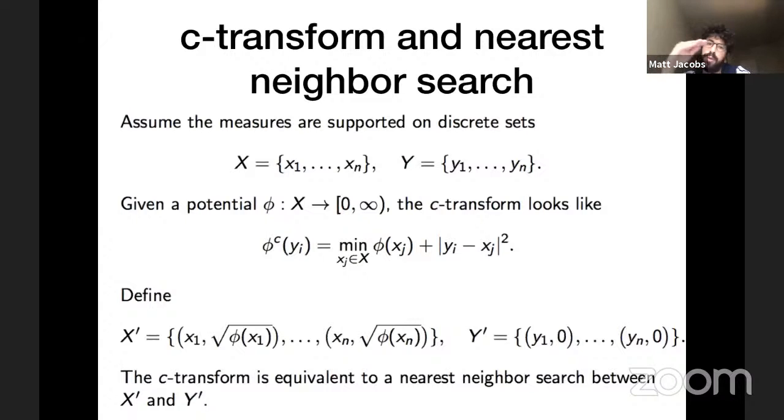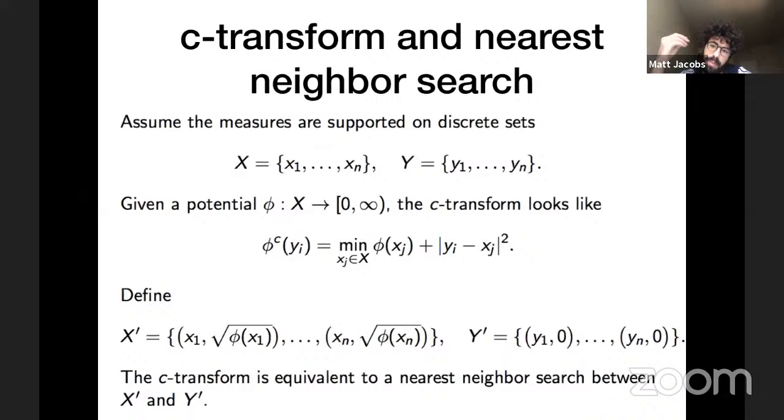Suppose my measures are just supported on some discrete sets, X and Y. Then I just write the C transform. If I want to evaluate the C transform at some point Y, I'm just going to minimize the value of phi over all of the points in X, and I also have to add this cost squared. But you can actually think about this as a nearest neighbor problem.